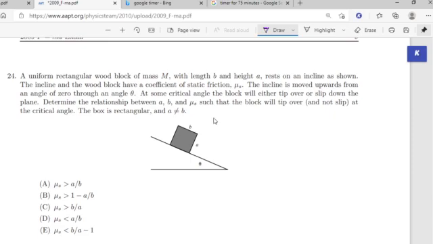Okay, let's see. So we have m. Well, we know that friction is just mu s times m g cosine theta.